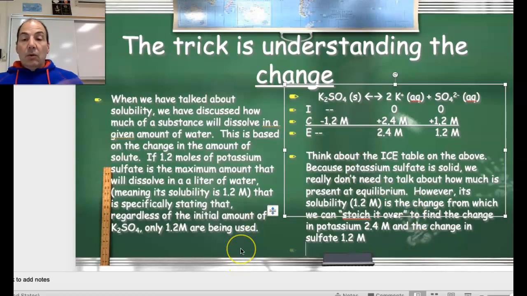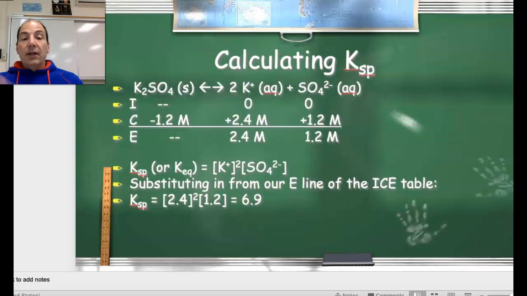So once we fill out the ice table, then if I wanted to actually calculate KSP, well, we said KSP was concentration of potassium squared times concentration of sulfate. So I take 2.4 squared times 1.2, and that tells me that KSP for potassium sulfate is 6.9. Notice that the value of KSP, or KEQ if you want to call it that, is greater than 1.